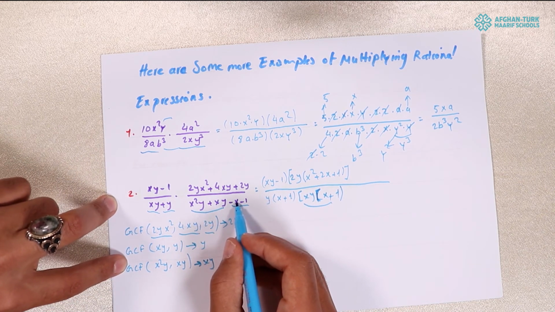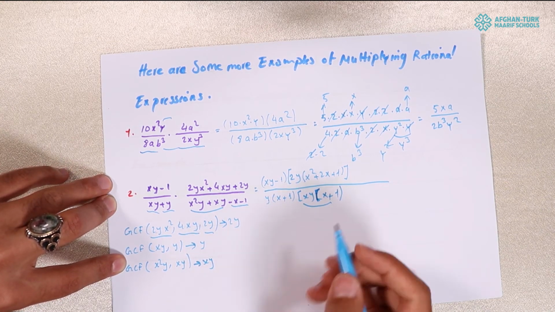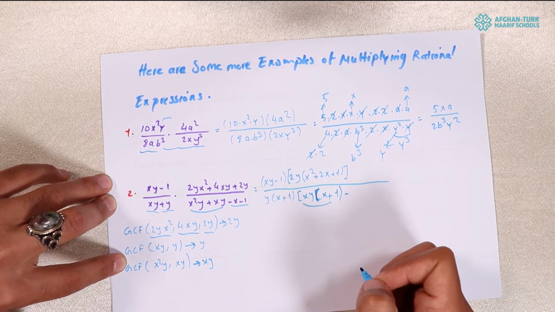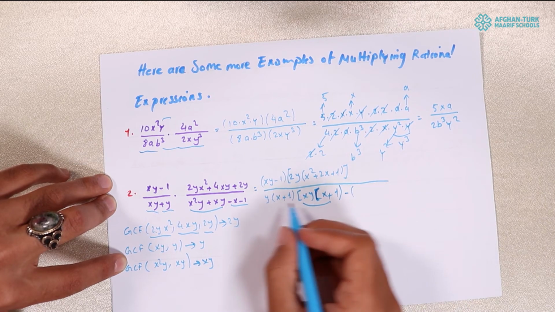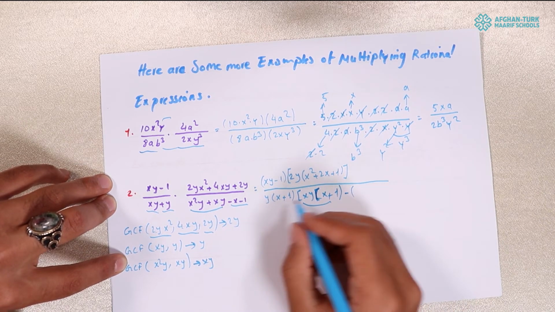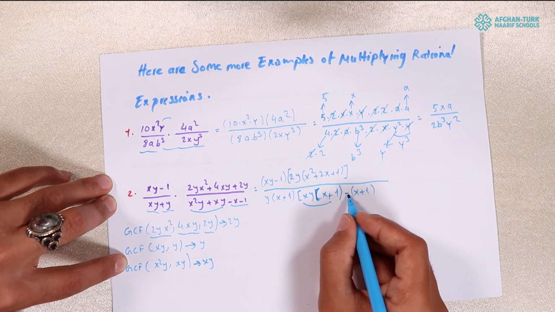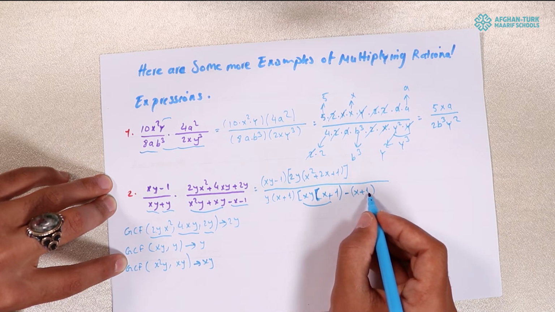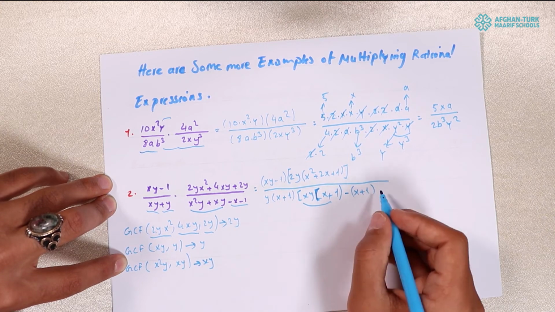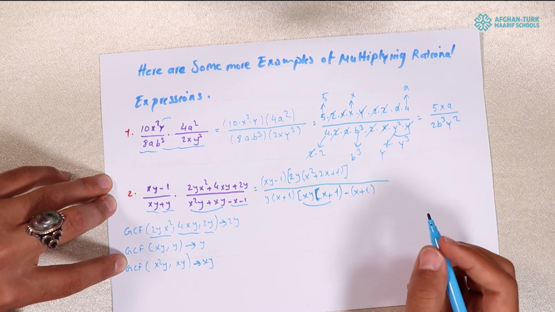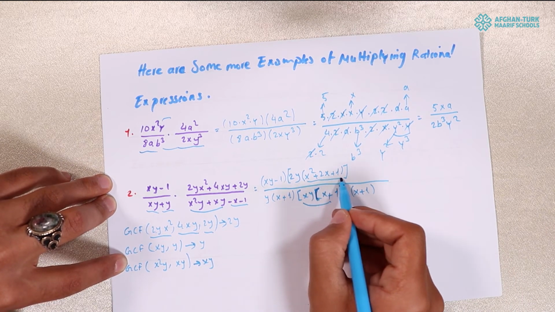And here we have minus x minus y, minus 1. Okay, if we take minus as a factor, so in here it will be equal to what? x plus 1. Am I right? If you again multiply this minus with each term, the answer will be this, okay? So it doesn't matter. So in here we have a big expression.